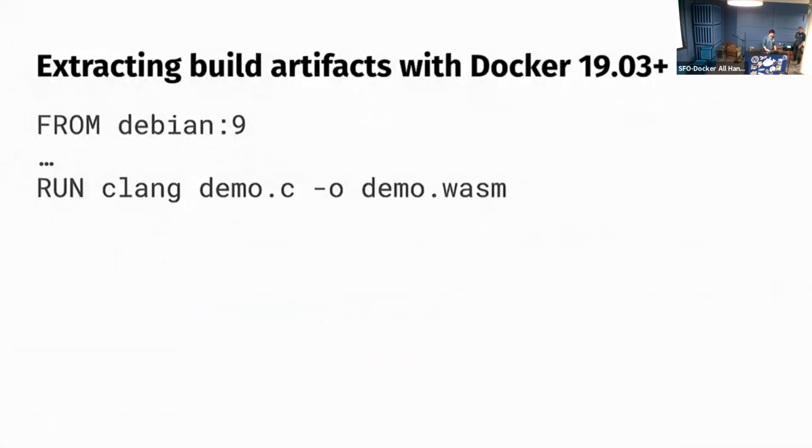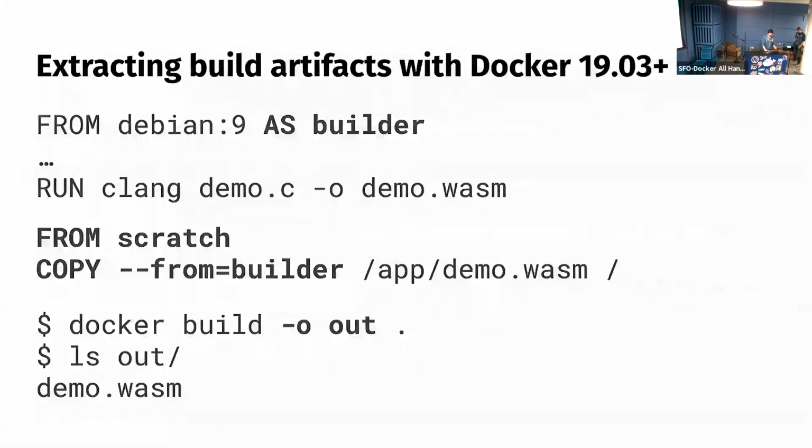So what you can do in Docker 19.03 is the following: you can extract a build artifact specifically from the container, and you have it back on your host. The way you do this is the first original stage, you can call it the builder stage. You use that with the AS builder, and then you create a second stage that you start from scratch, which means it's a completely empty container, and you copy the artifact that you wanted from the first builder container into this empty container.